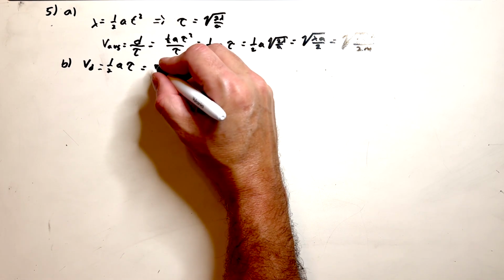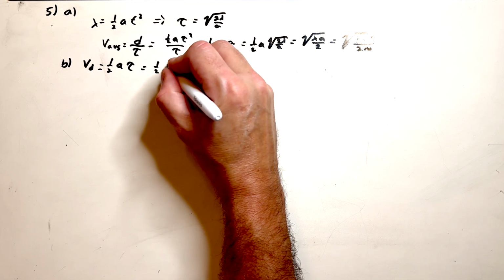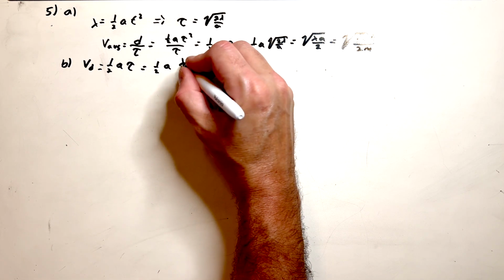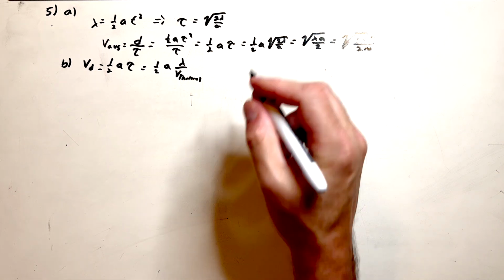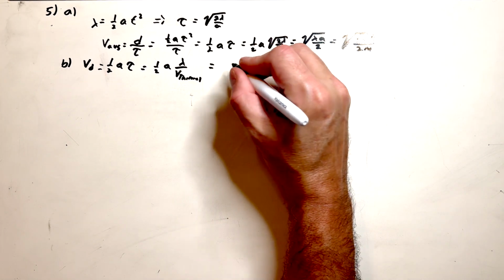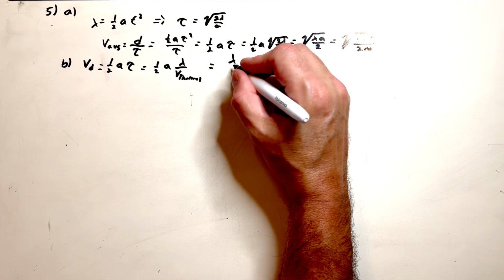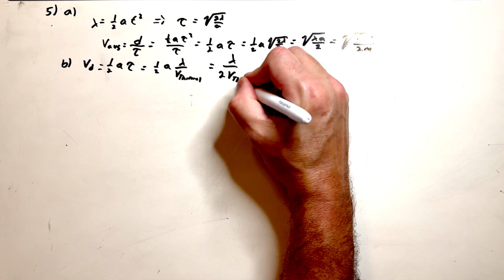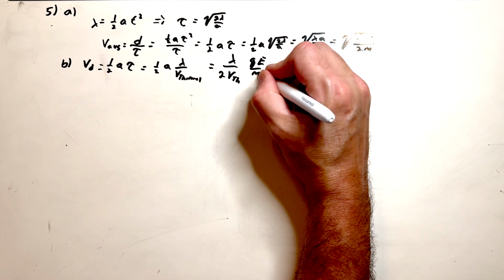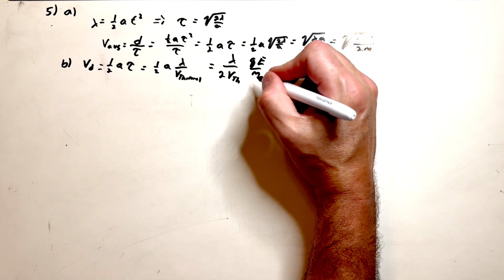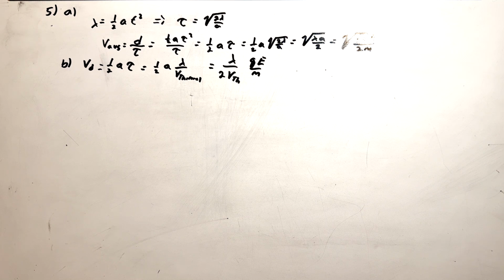That's equal to 1/2 a, where tau is now replaced by lambda over V thermal, which would be equal to lambda over 2 V thermal, I'm just going to put TH for thermal, times QE over M. And I think that is the result that I wanted, yes? Lambda QE over 2V. Yeah, looks good. And that's the result I was looking for. So it's pretty straightforward, that part.